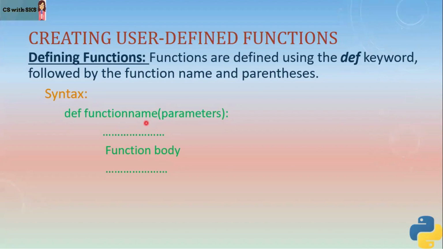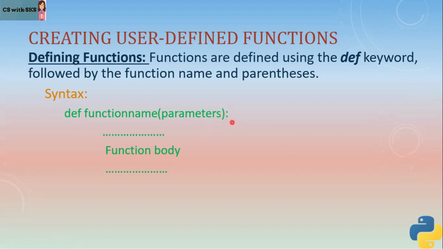Now, after the function name, you put parentheses, and inside the parentheses, you write parameters. This can be one parameter or it can be multiple parameters, right? If multiple, then you separate them by a comma. After writing the parameters, you close the parentheses and there is a colon then.